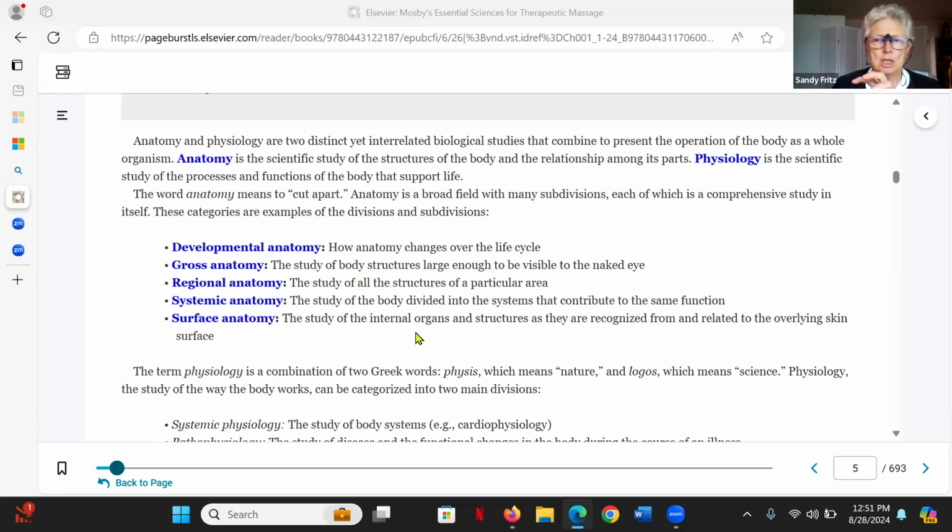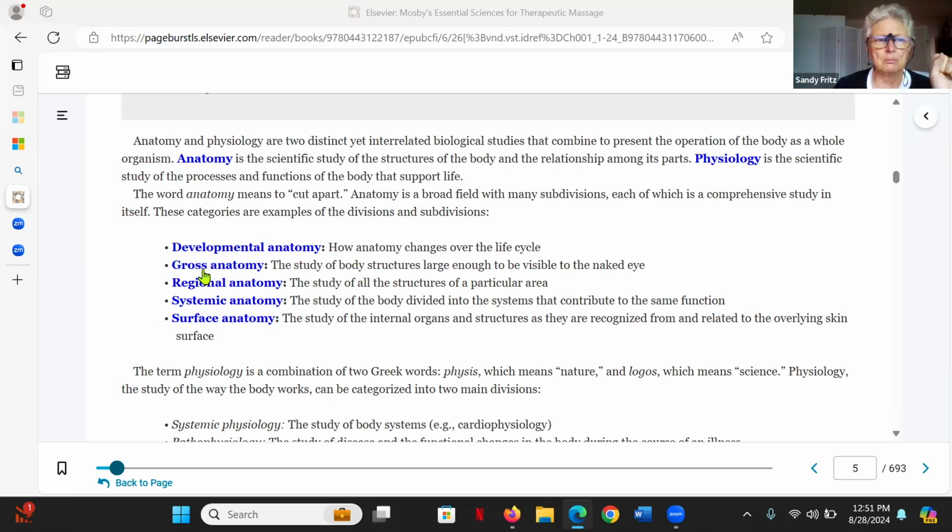When they look up additional information, which type of anatomy study would they be after? And in that situation, the definition that fits best here is regional anatomy, the study of all the structures of a particular area.